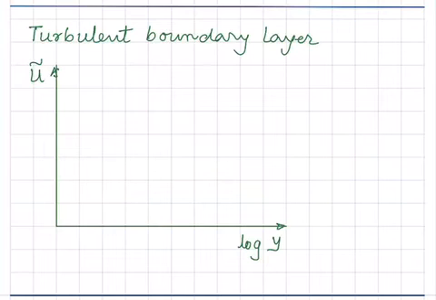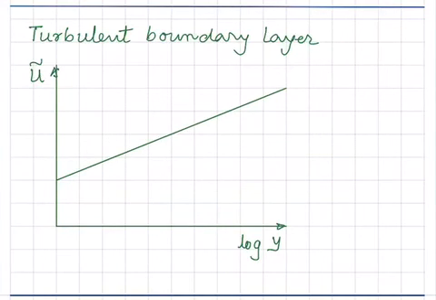I'm going to plot y on a log scale, so the x-axis is logarithmic. It turns out that if you do that, you see certain interesting properties of a turbulent boundary layer. And that happens to be, you can actually get a region of the boundary layer which follows a straight line on this semi-log scale.